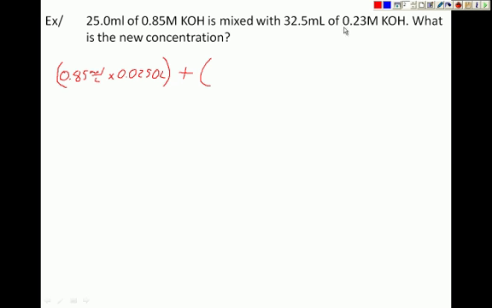this amount, and I'm going to change this into moles as well. So I'm going to take 0.23 moles per liter, and I'm going to multiply this by the amount of liters.